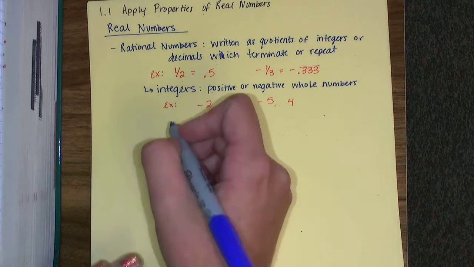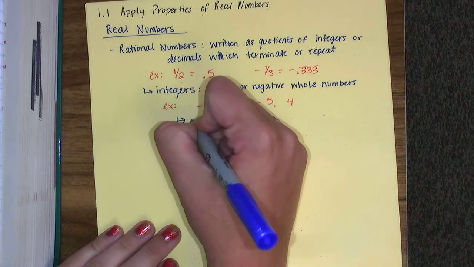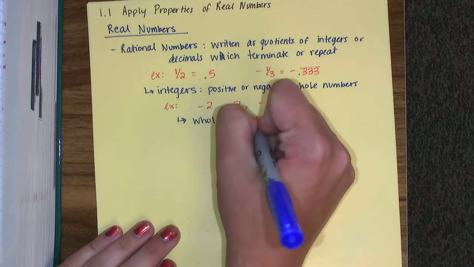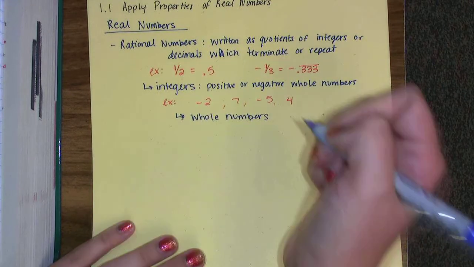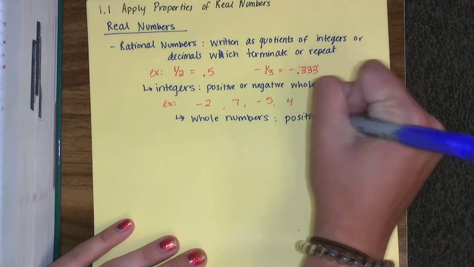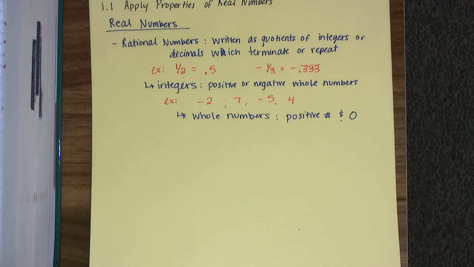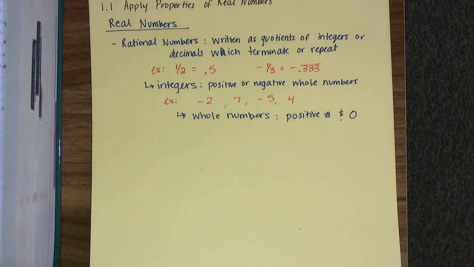And then inside the integers, which is inside the rationals, we have whole numbers, which are basically positive numbers and 0. So the number 0 is considered a whole number. Basically, these just aren't negative, so that's why they're underneath the integers.